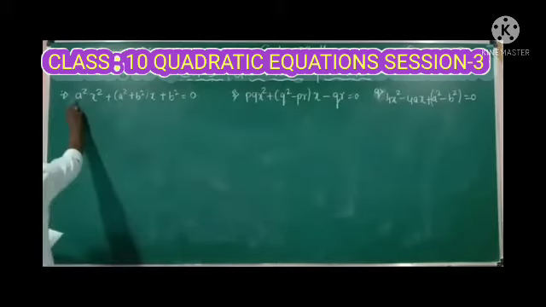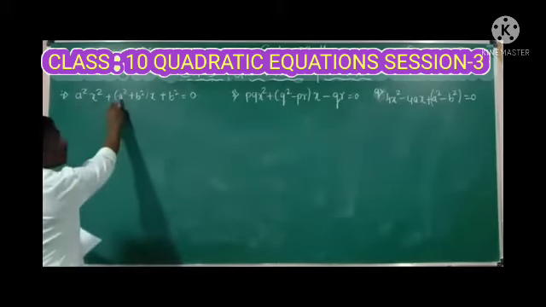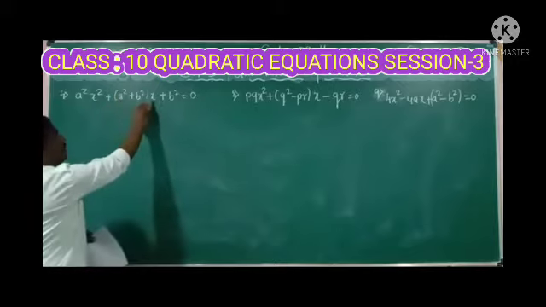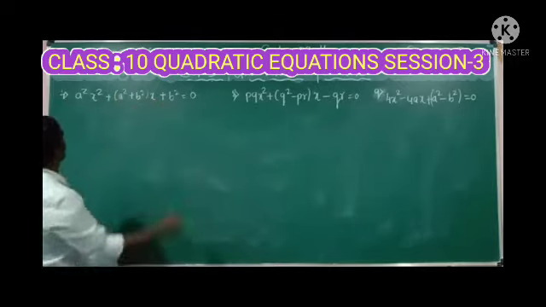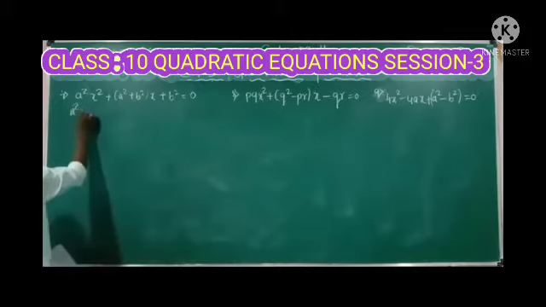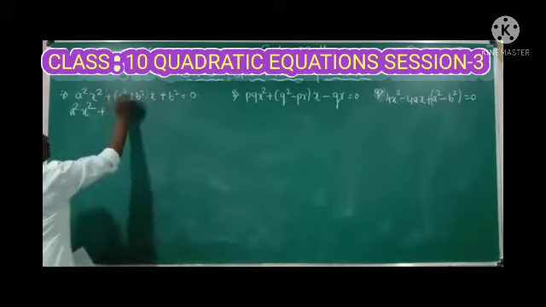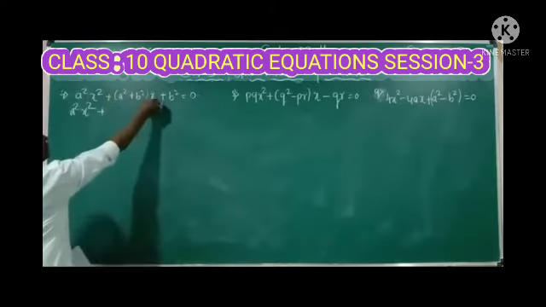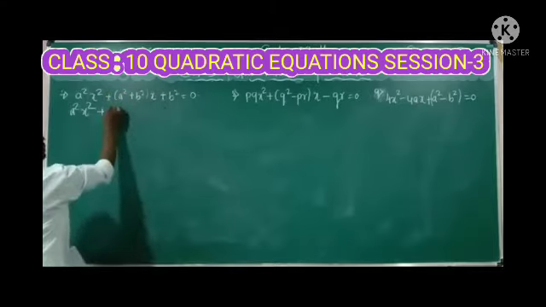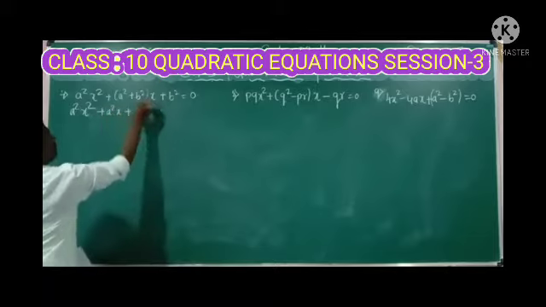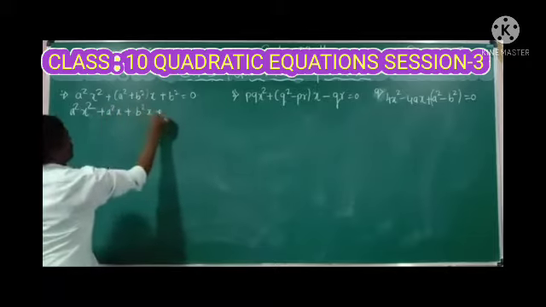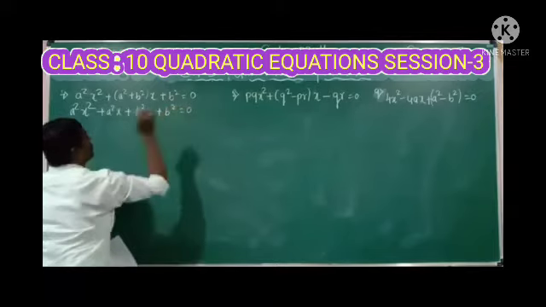First one, a square x square plus a square plus b square into x plus b square is equal to 0. So a square x square plus, just multiply this x to the individual terms, x square into a square, a square x, plus b square into x, b square x plus b square is equal to 0.